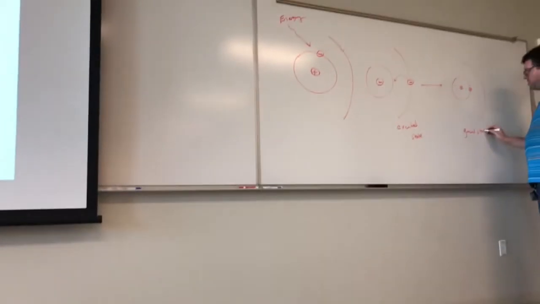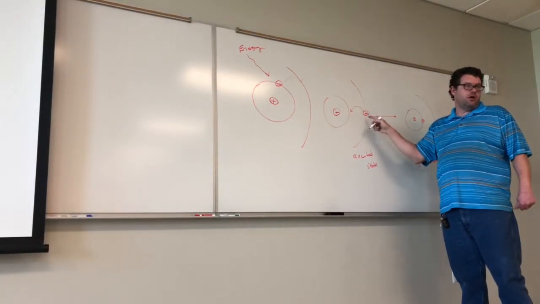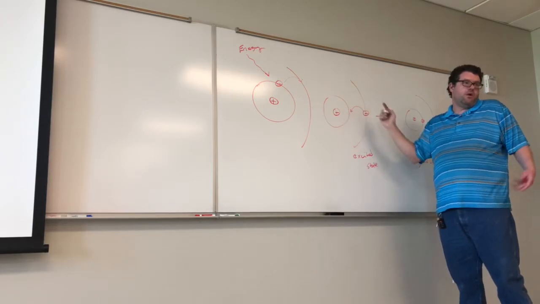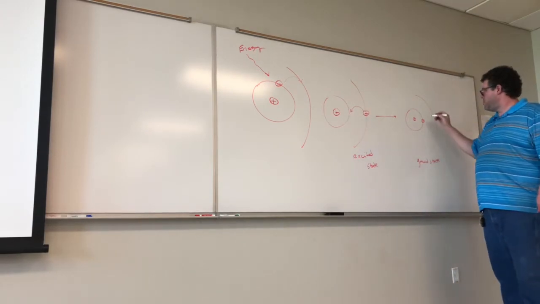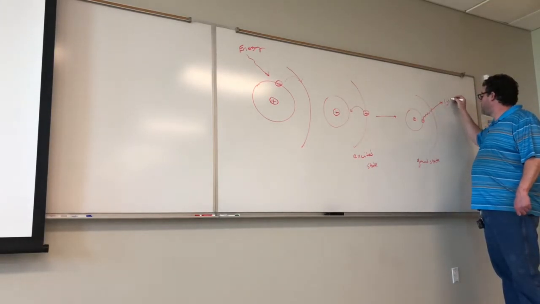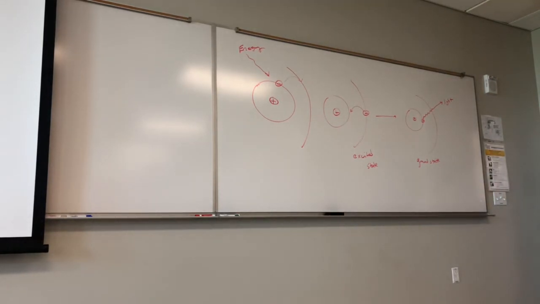Now my question is where did that energy go? Because energy is conserved. So if it moves back over here, where did that energy go? It goes off as light, okay? So basically the light that's being produced by these bulbs is the way that the elements are releasing that energy.